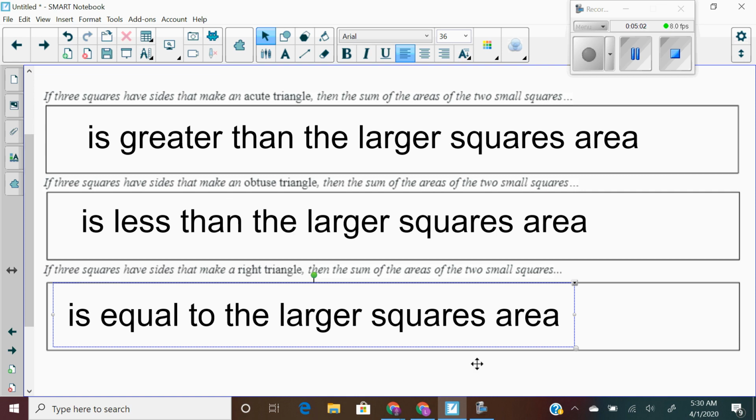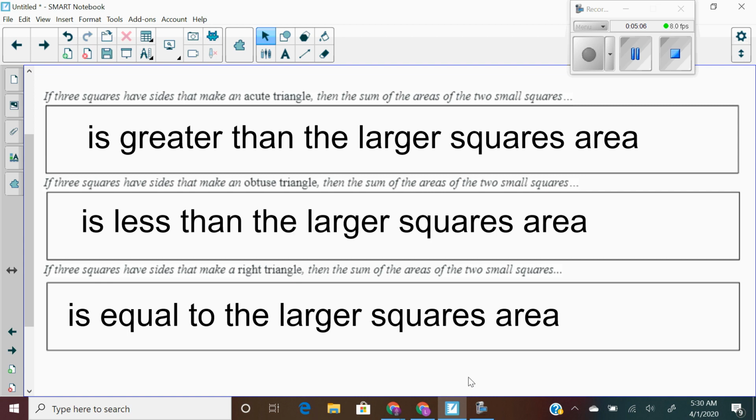So as long as they form a triangle, because that's the first thing we have to check, as long as the sum is greater than the largest square, it's acute. If it's less than the largest square, it's going to be obtuse. And if it's equal, it's going to be right.